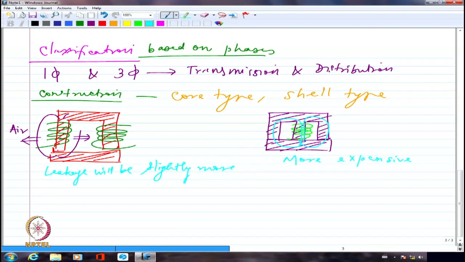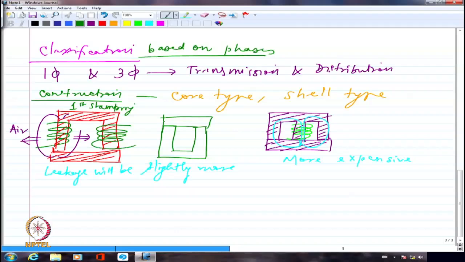If I say that this is the first stack, this is the first stamping, I would have the second stamping just the opposite of this. So I may have the C shape at the bottom, and I would have this straight line at the top. Are you getting my point? So I will put one behind the other so that the air gap does not become continuous.